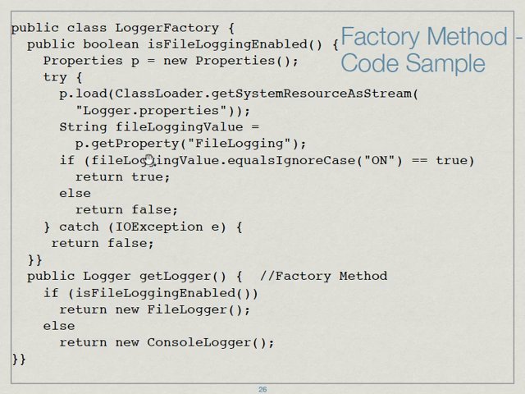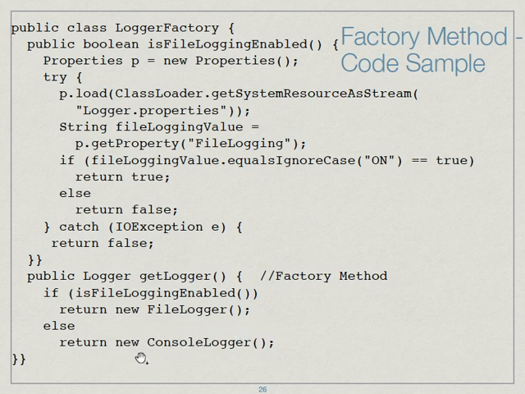Originally, imagine if we do not have this factory method, that means every client would need to execute these steps to see whether file logging is enabled. If it's enabled, then it calls new file logger.